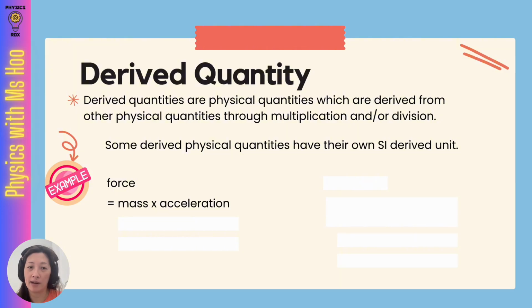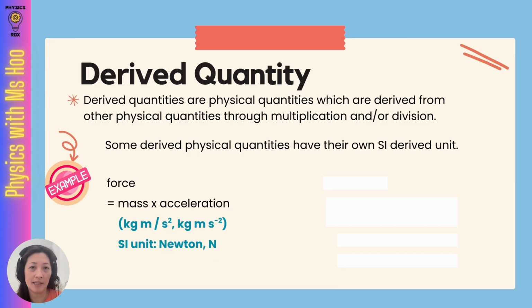If mass is kilograms and acceleration is meters per second squared, we can get the unit of kilogram meters per second squared. Now, these are SI units, but these are SI base units. Force has its own unit, which is Newton, and the accepted SI unit for force is Newton. While it's not wrong to write kilogram meters per second squared, the SI unit of force is actually Newton, and it's preferred you write it in Newton because it's much easier to comprehend.